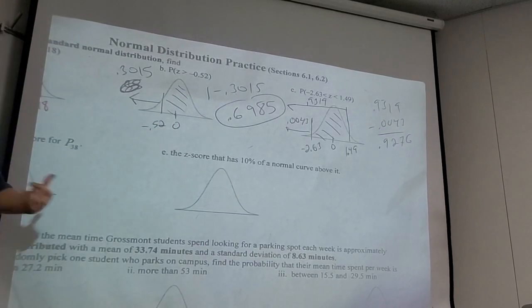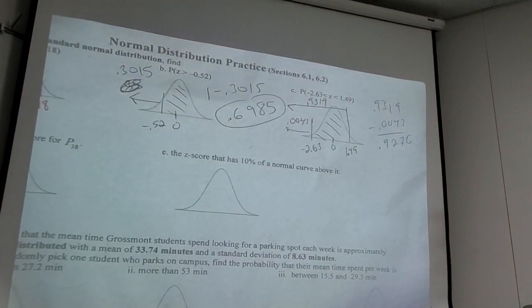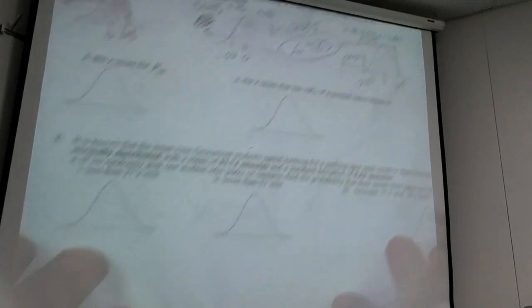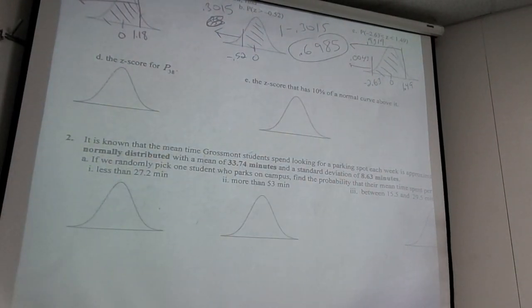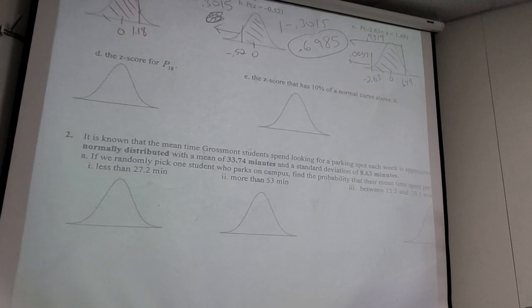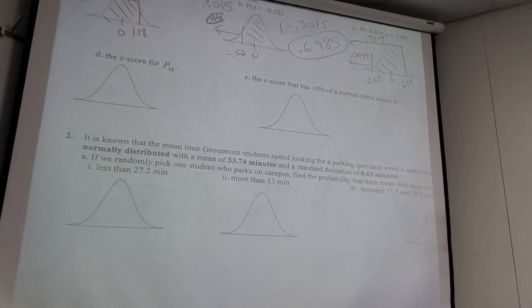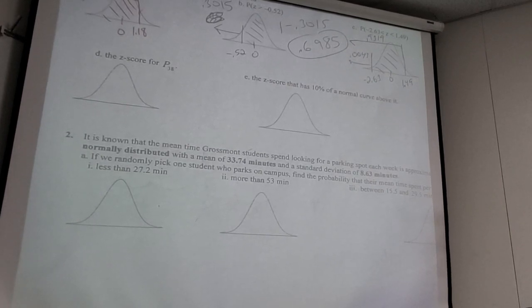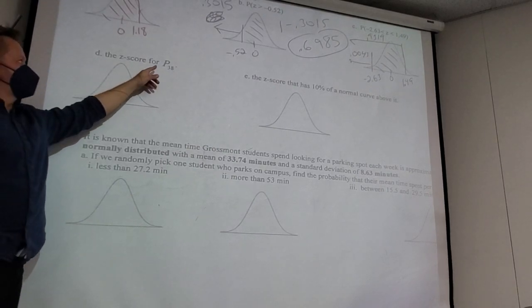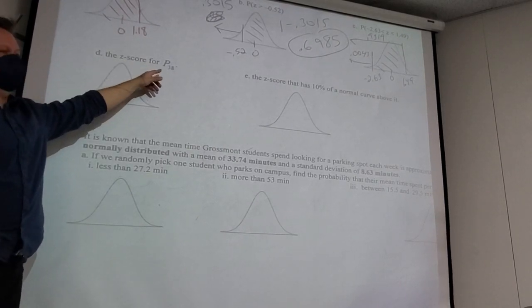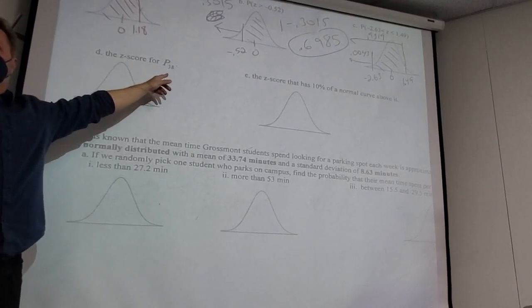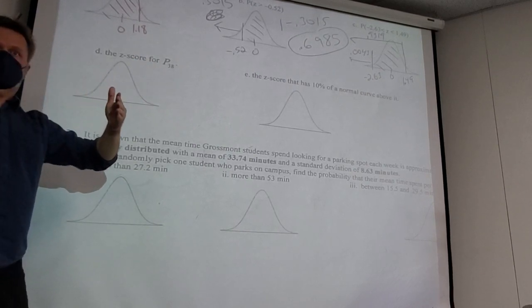So look at the next question. I don't know the z-score for the next question, but I know the area. Where would the z-score be? It's the z-score that has an area of 38% below.